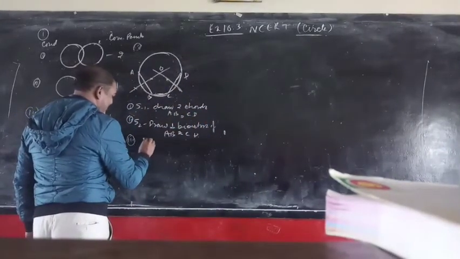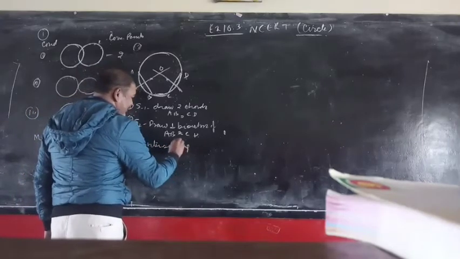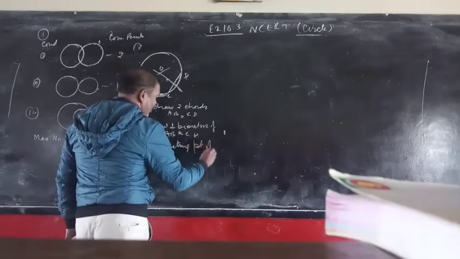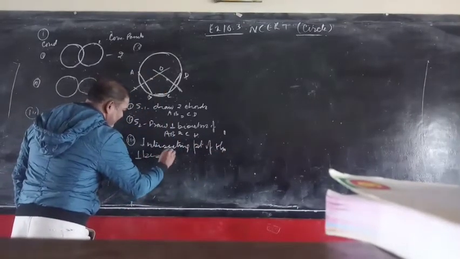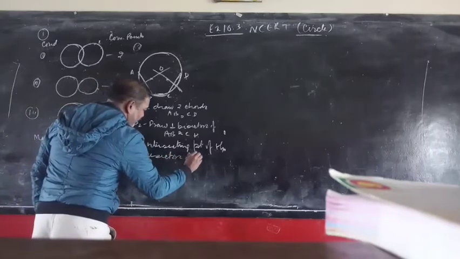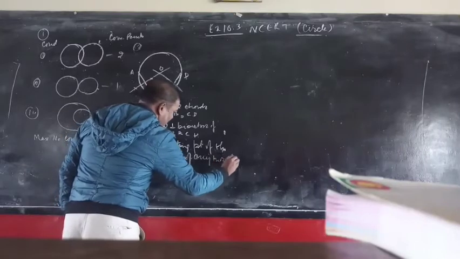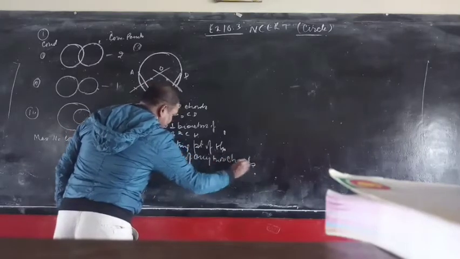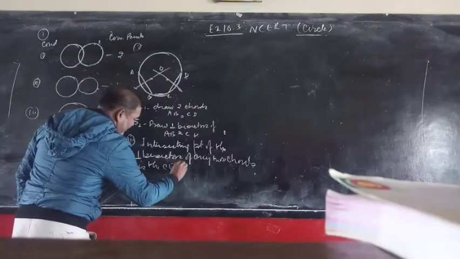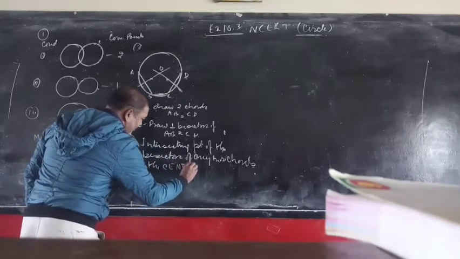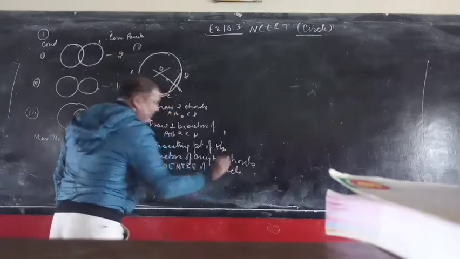The intersecting point of the perpendicular bisectors of any two chords is the center of a circle. Okay.